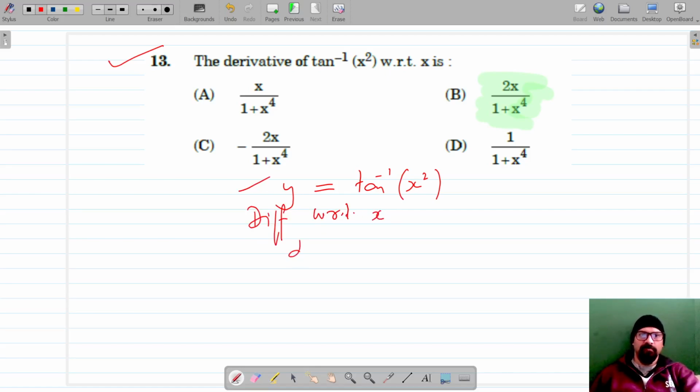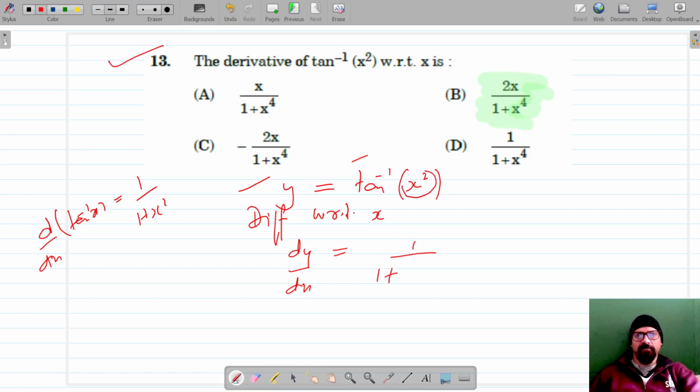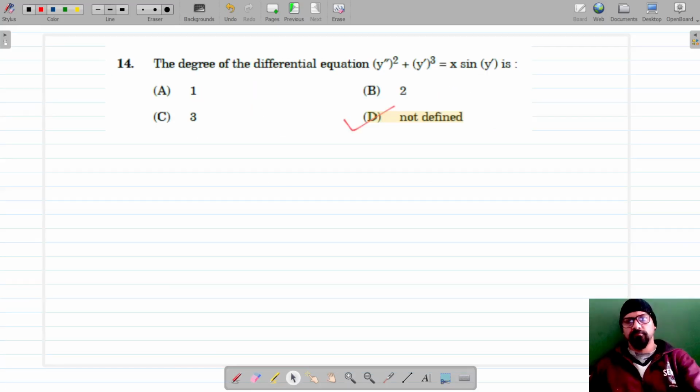So dy by dx is the differentiation of tan inverse, and we know that the differentiation of tan inverse x is 1 upon 1 plus x squared, which gives me 1 upon 1 plus, instead of x squared, x raised to the power 4, and the differentiation of x squared using the chain rule is 2x. So this is 2x upon 1 plus x raised to the power 4, which is option B. Moving on to question number 14.